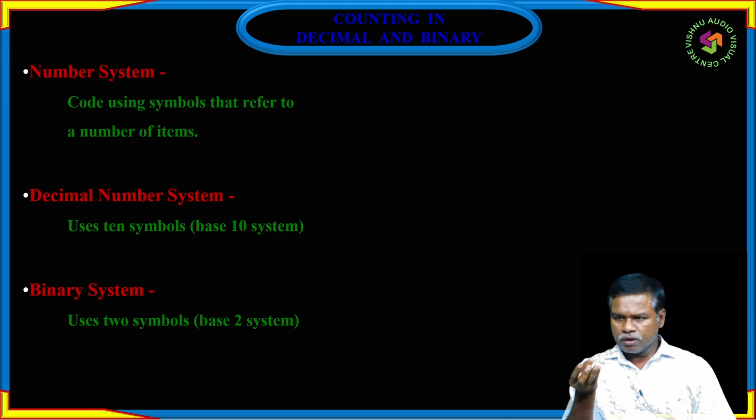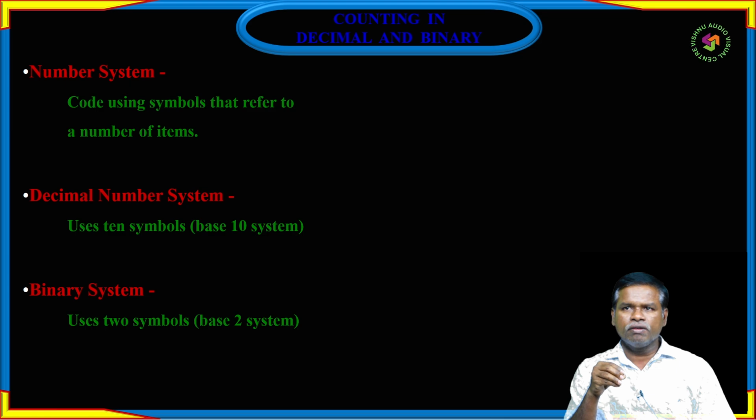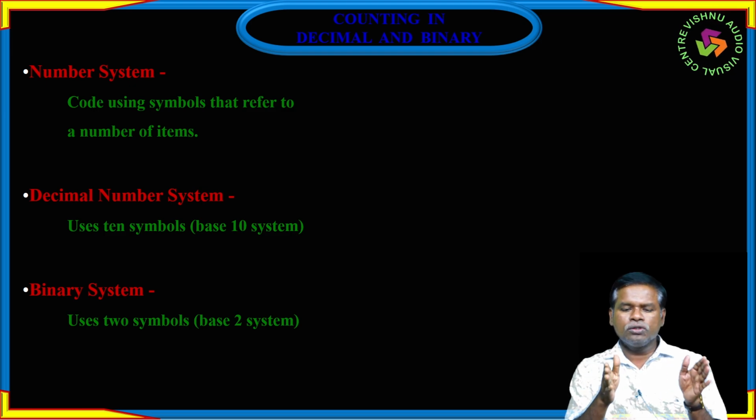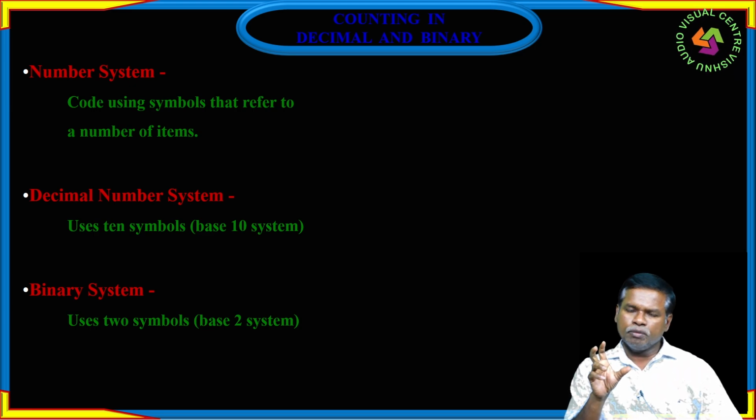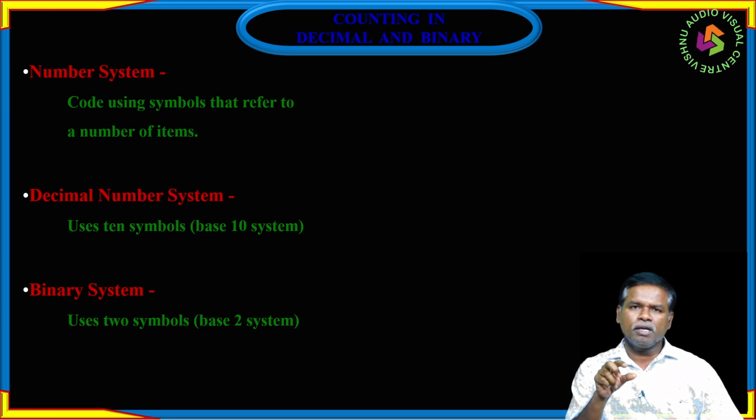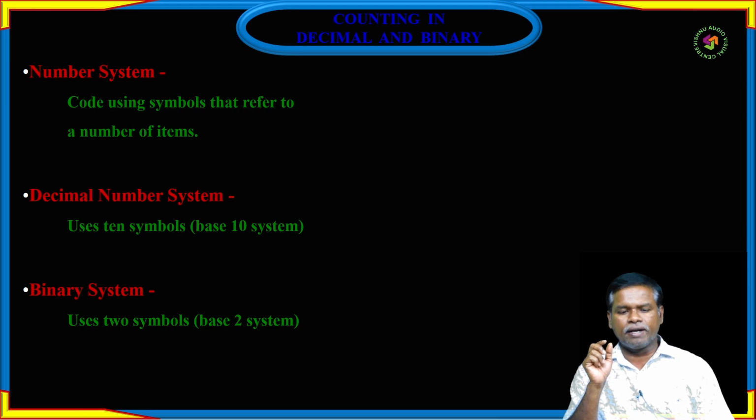Then coming to the decimal number system, as we are all well aware, it is the number system used by us frequently and the most familiar number system for us. This number system has 10 symbols, 0 to 9. That means the base of the decimal number system is 10.